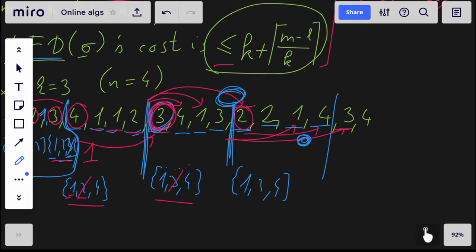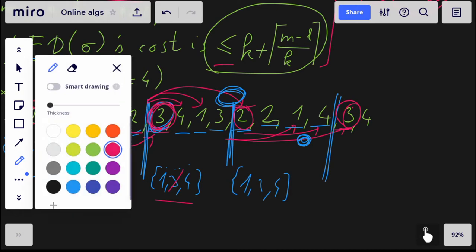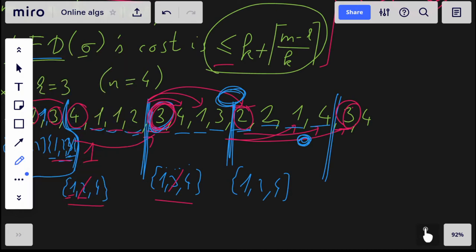And now I'm again marking an end of a phase. Here I will pay for this one. And then I'll have to check the occurrences, but 1 is absolutely not occurring later, 2 the same, and 4 will be here, so I'll discard either 1 or 2.